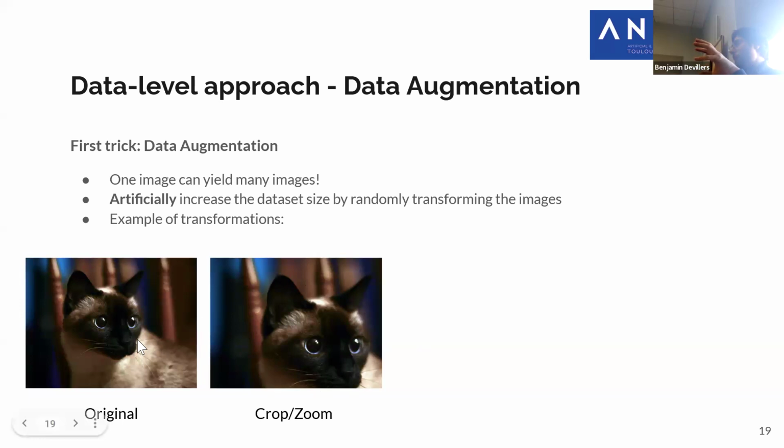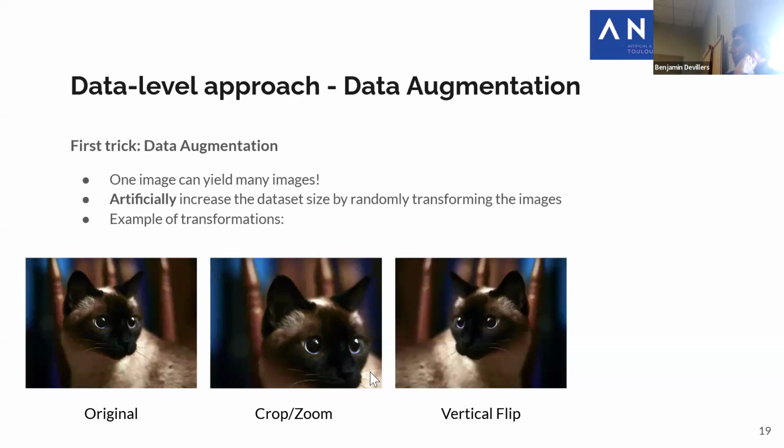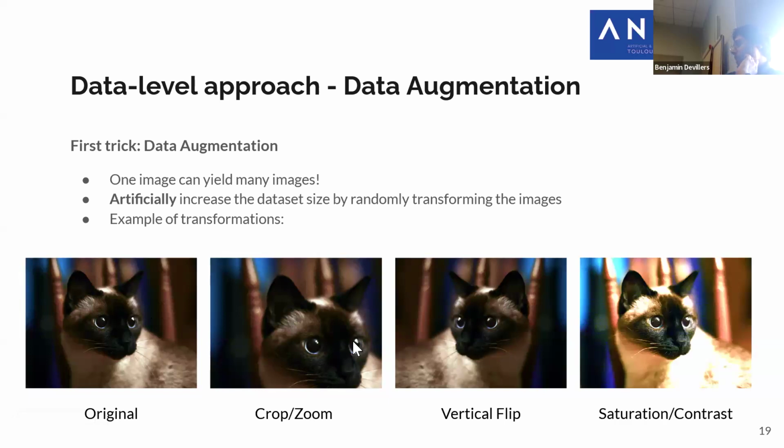If you compare the pixel values here to the pixel values here, they're radically different. One other thing you can do is a vertical flip. So you had one cat looking one way, and now we have a cat looking the other direction. You can change the saturation, the contrast, and you can imagine many things like this kind of transformation, maybe adding noise or changing colors.